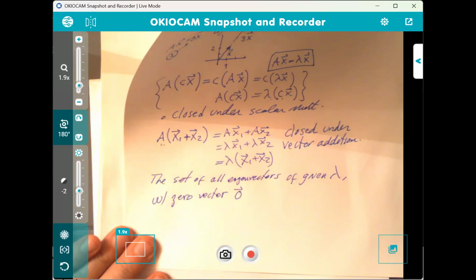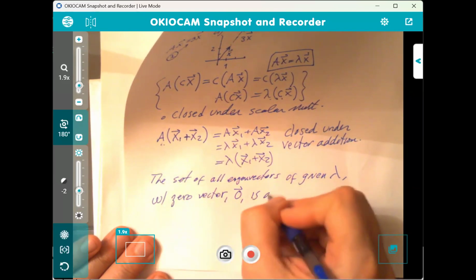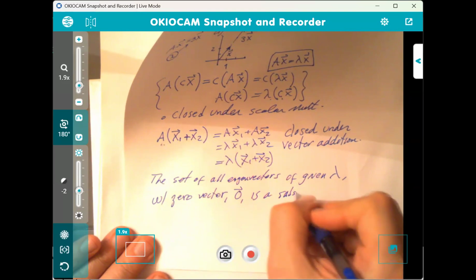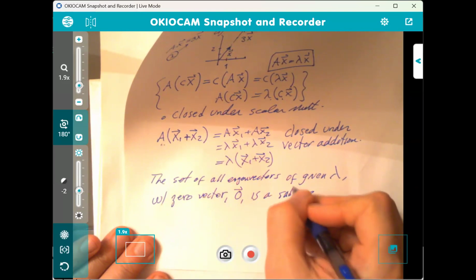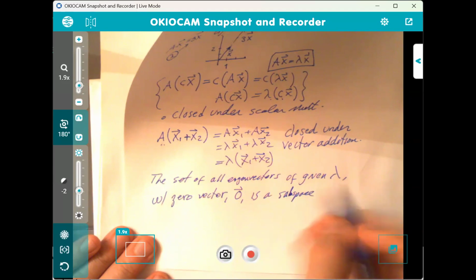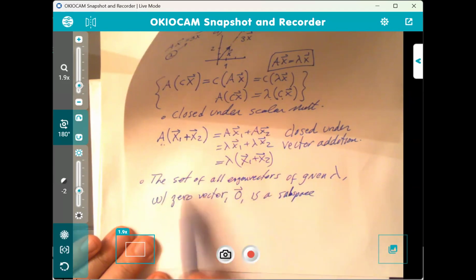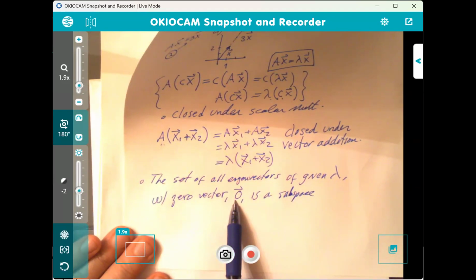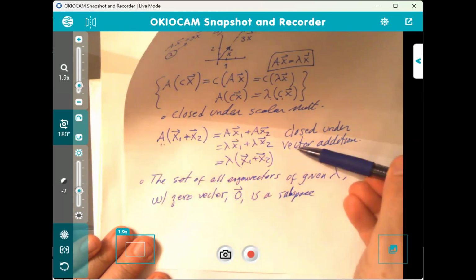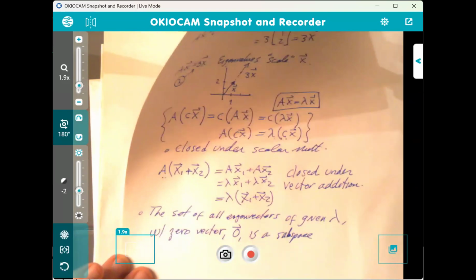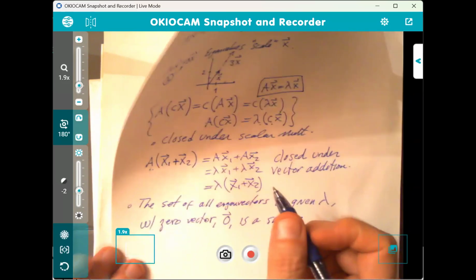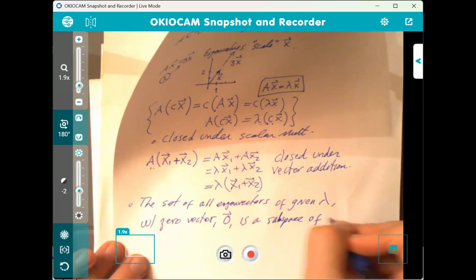The zero vector forms a subspace. So we just showed again the requirement for a subspace: the set has to be non-empty. There you go. That makes it have zero, so it's non-empty. Closed under addition and scalar multiplication. Therefore, it's a subspace of Rn.